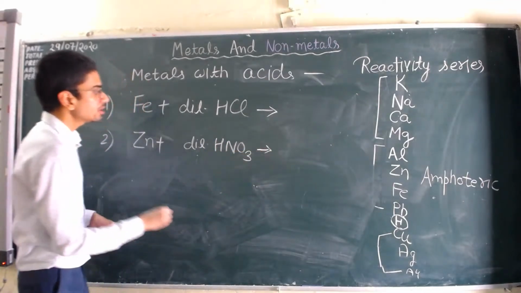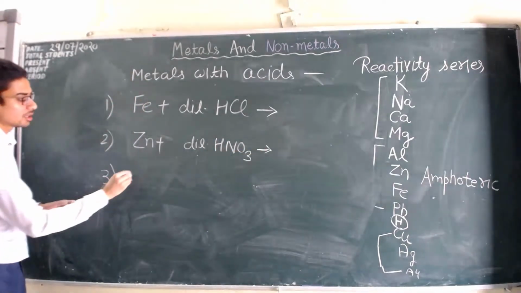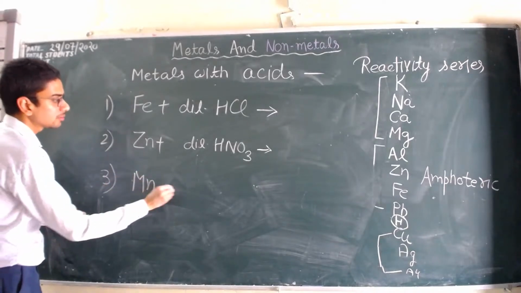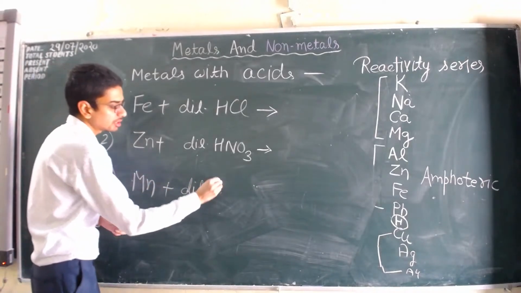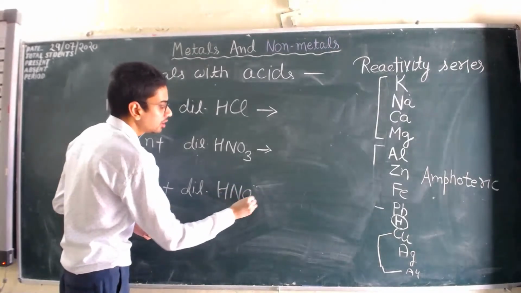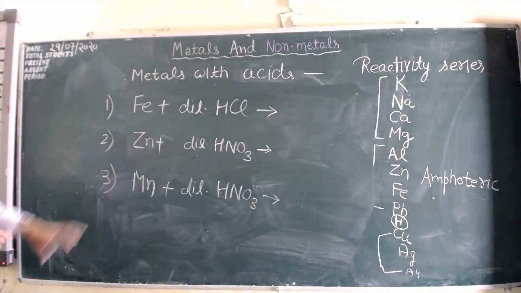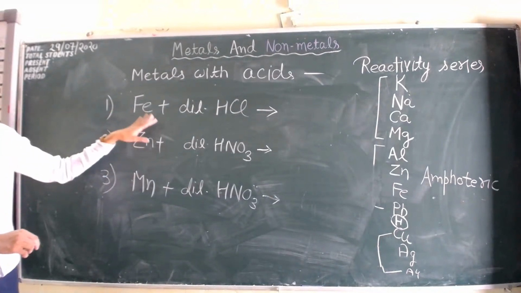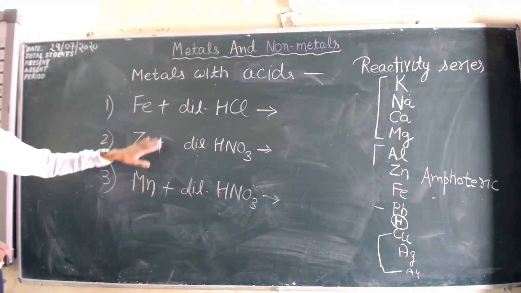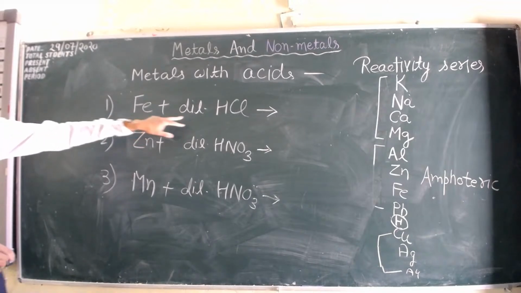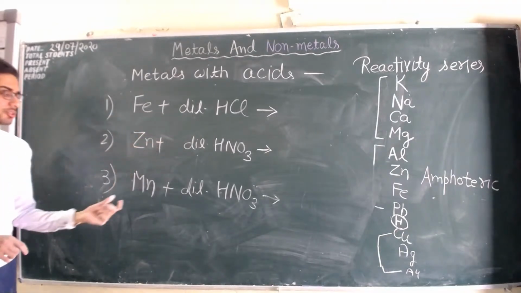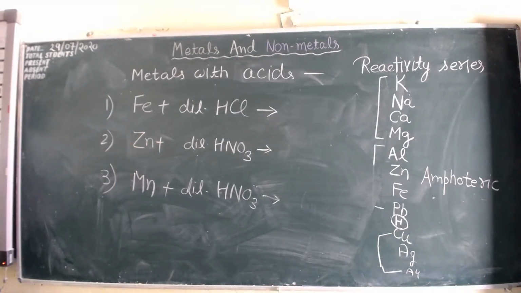And the last reaction is manganese, Mn, plus dilute HNO3. This is your assignment for today. You have to solve them. Just 3 reactions. Look at all the concepts and then solve. Iron plus dilute HCl, zinc plus dilute HNO3, and manganese plus dilute HNO3.